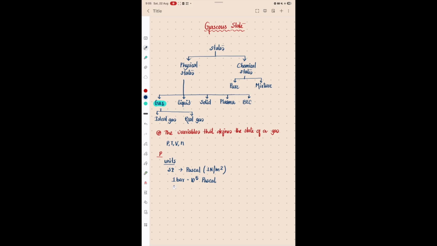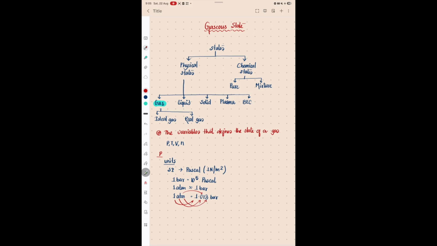Then 1 atm is approximately equal to 1 bar, right? But if I take the precise value, then 1 atm is equal to 1.013 bar, right? I used to remember it like this: 1, and A looks like 0, and T looks like 1, and M looks like 3.